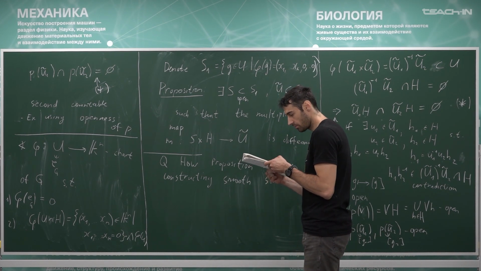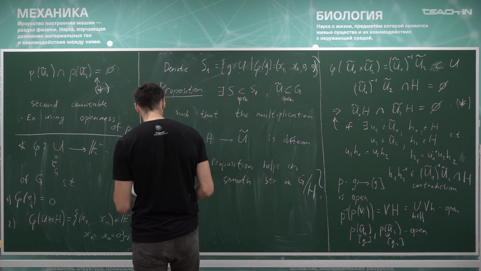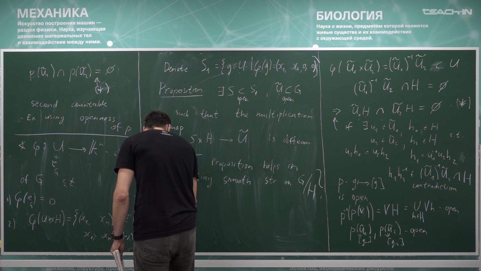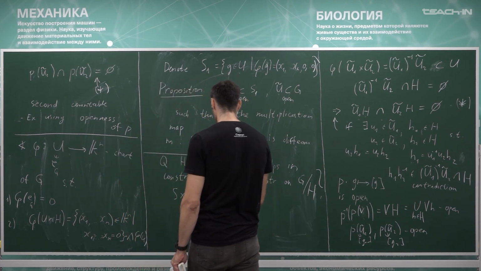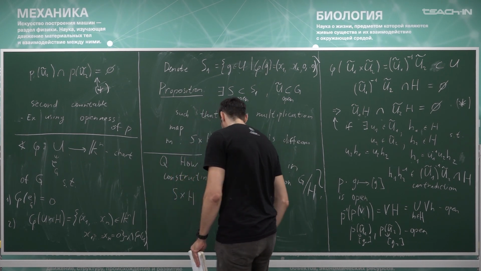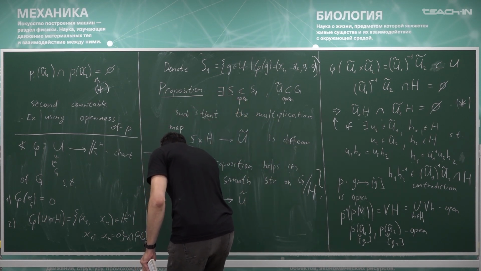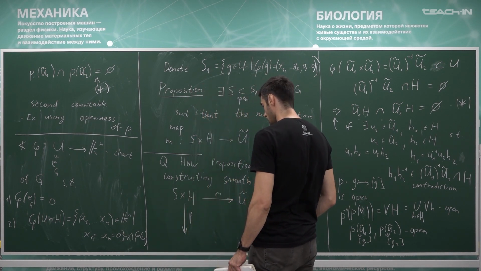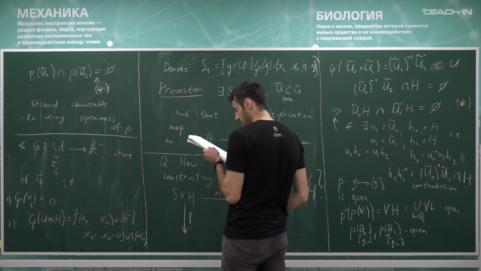So the idea is the following. We have the following commutative diagram. You have S times H, right? And you have M, which is a diffeomorphism to U tilde. And then you take P, which is the quotient, and this is just P1.